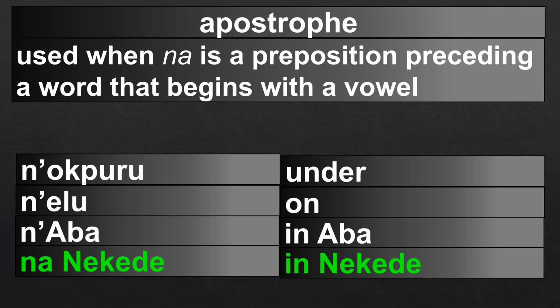Nekede is a word that begins with N, which is not a vowel. N is a consonant. So we write na in full. We write na nekede in full. So the first three examples are the only time we use apostrophe in Igbo language. We don't use apostrophe elsewhere.